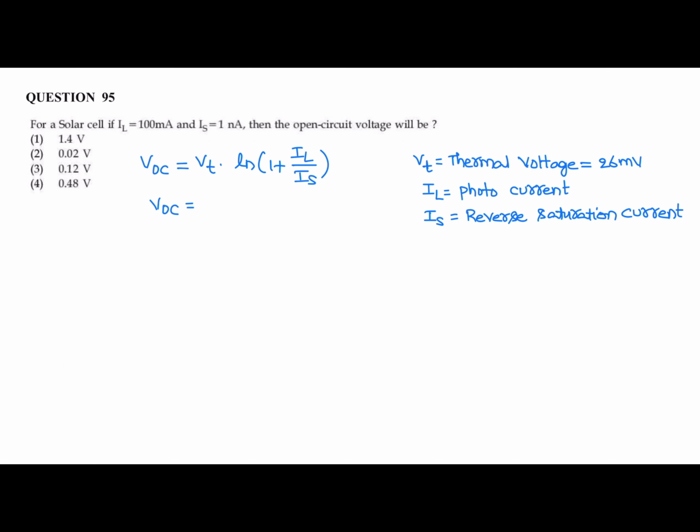So in the question, the thermal equivalent voltage is 26 millivolts at room temperature. Natural logarithm of 1 plus load current, that is 100 milliampere, 100 milli by 1 nano, that is 10 power minus 9.